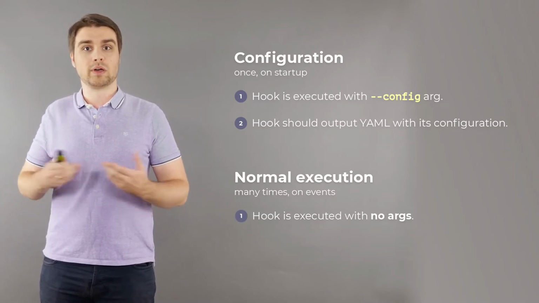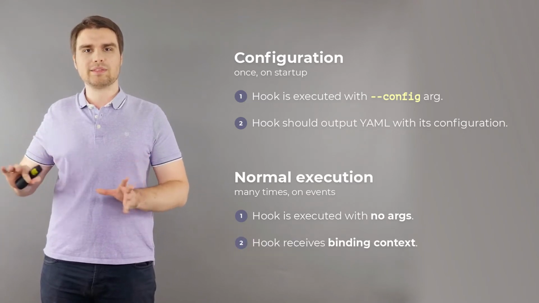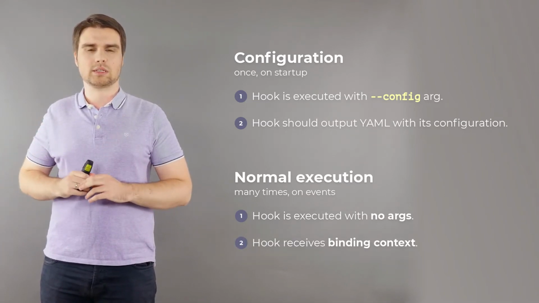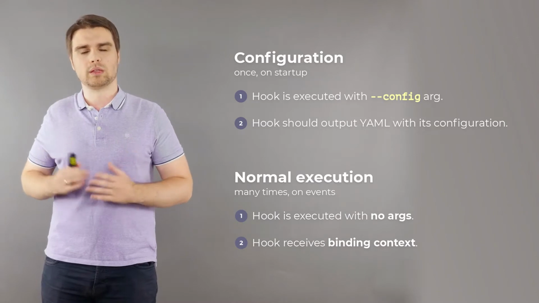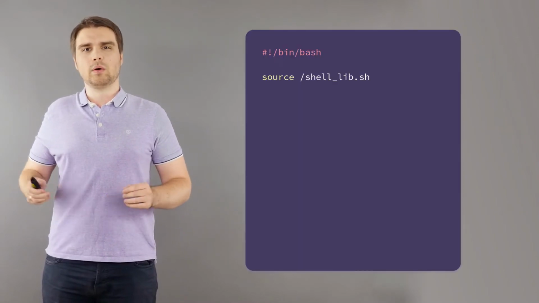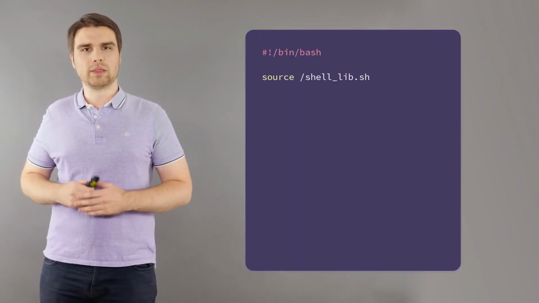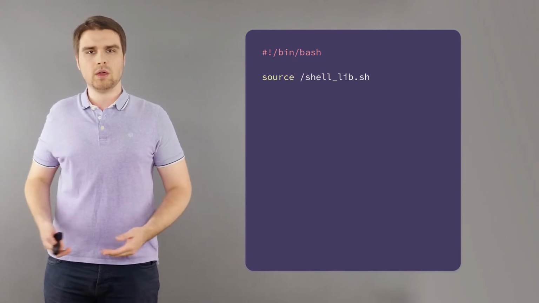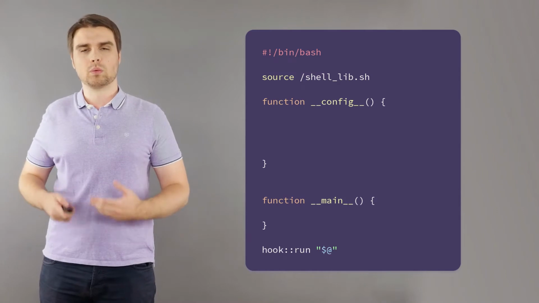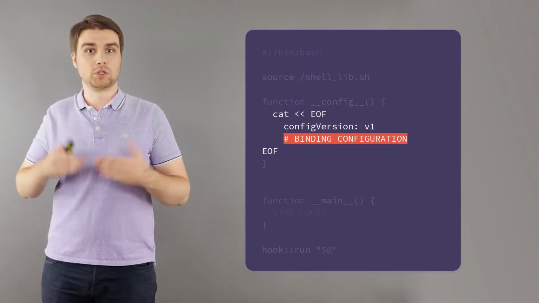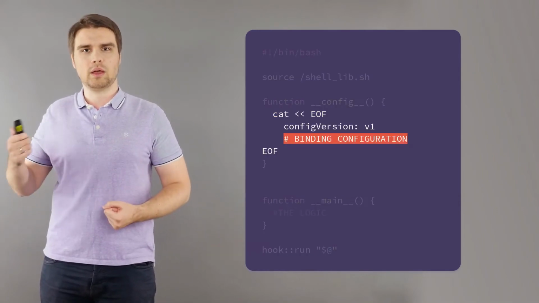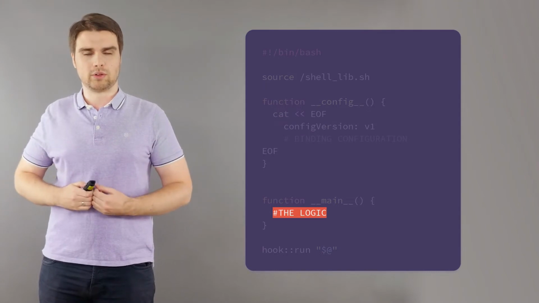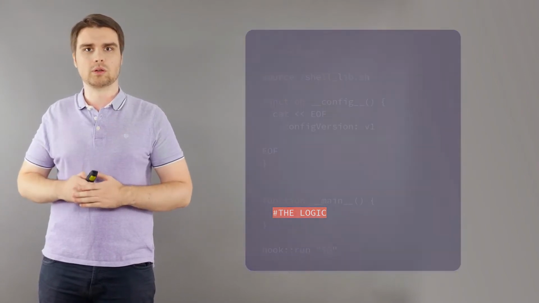It is executed without any arguments, and it gets passed a binding context, a special JSON. About that we'll talk a bit later. Now, if you use Bash, we highly recommend that you use Shelllib, which simplifies writing hooks in Bash. You'd want to implement two functions, one for the configuration phase, in which you output your binding configuration, and one for the normal execution, which contains your logic.